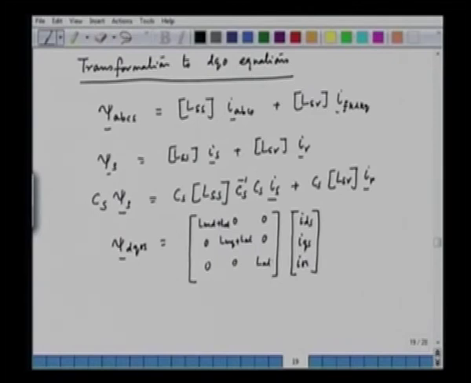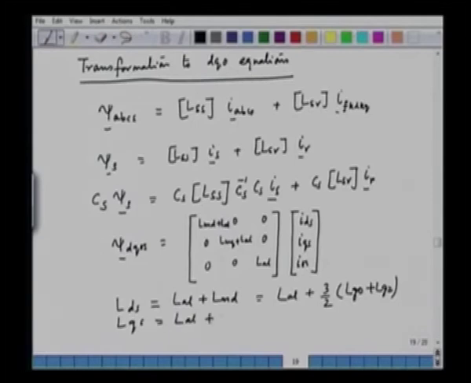So, we see that the d axis inductance, we can call this LDS, is LAL plus LMD. And what is LMD? LMD is evaluated as 3/2 times LG0 plus LG2, and LQS is equal to LAL plus LMQ, which is equal to LAL plus 3/2 times LG0 minus LG2.